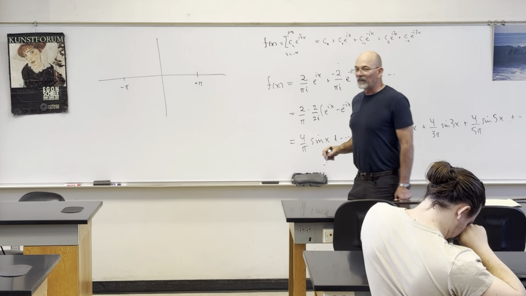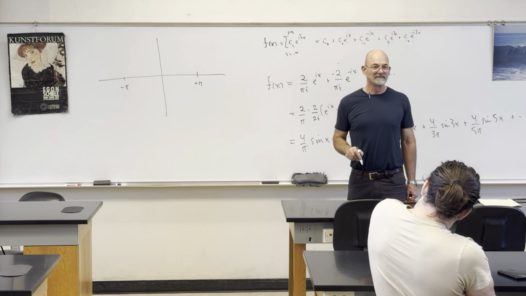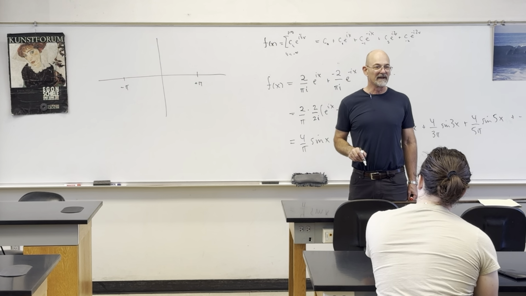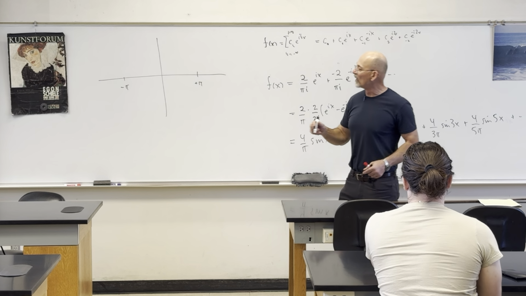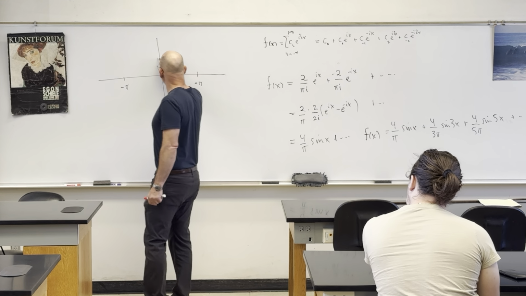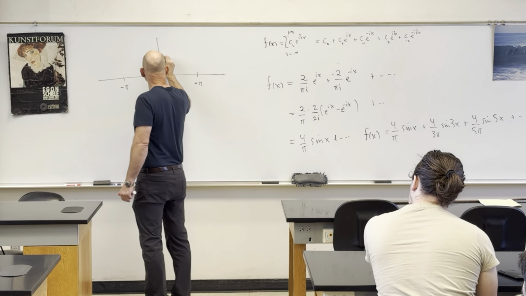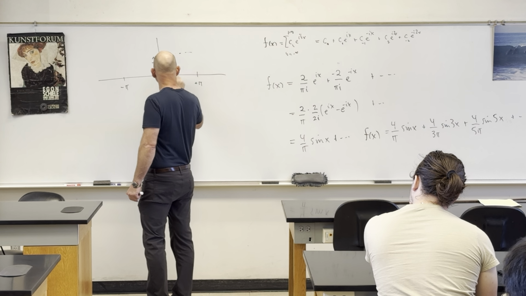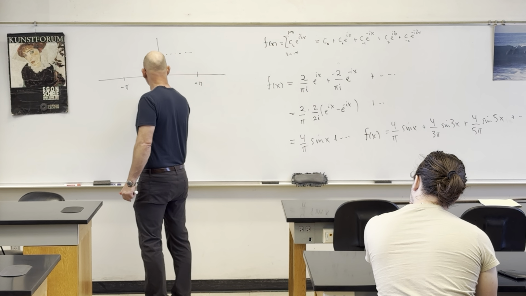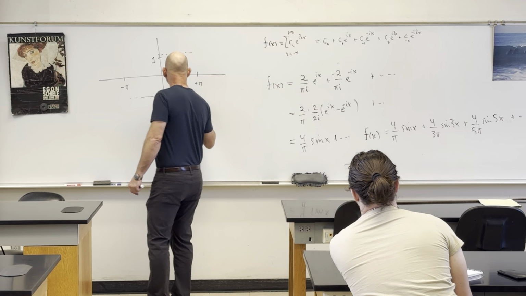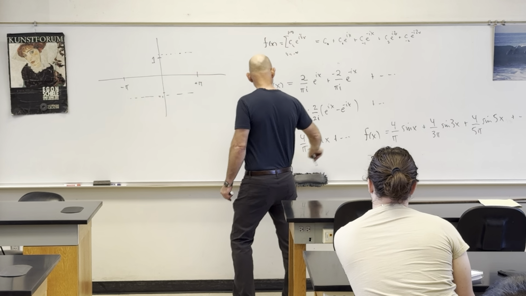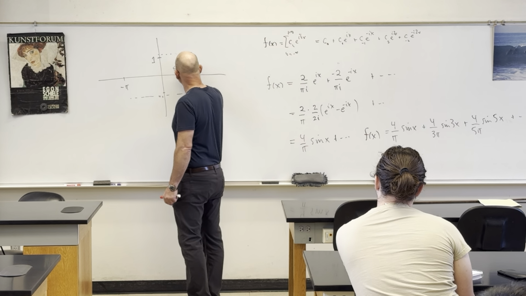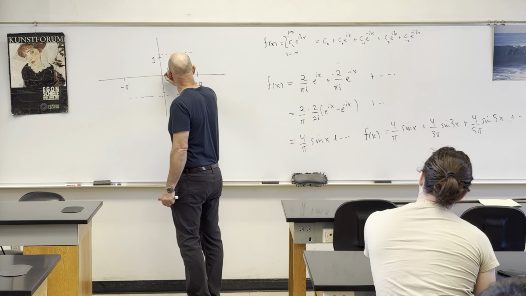So what's 4 over pi? 4 divided by 3.1, it's a little bit more than 1. So if we have a 1 here, then we're a bit more than the 1. I'll draw a dotted line, negative 1, a bit less than the negative 1. And since that's just the sine of x, the first term here goes like this.